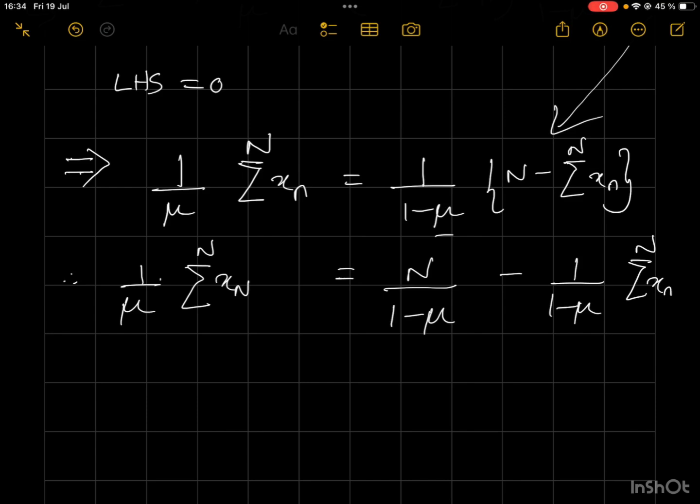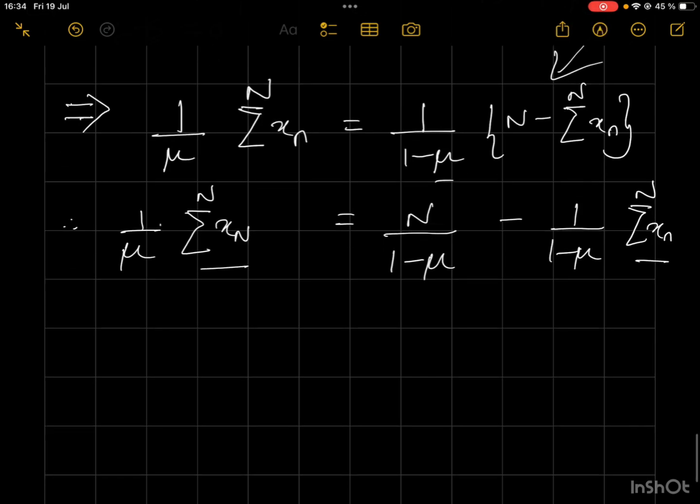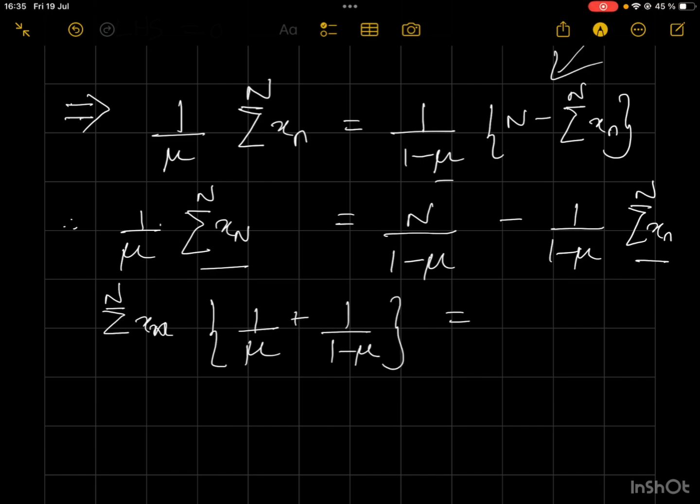Now if we move the summation across n to one side, this is going to be the summation of x of n for all n into 1 upon mu plus 1 upon 1 minus mu is equal to n upon 1 minus mu.